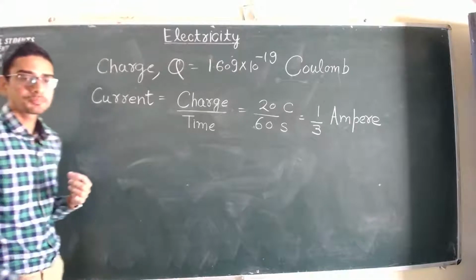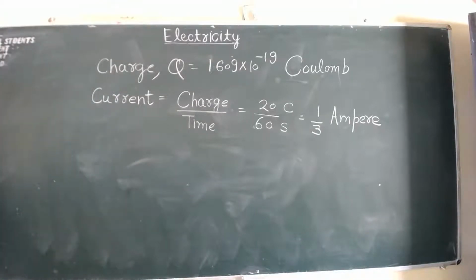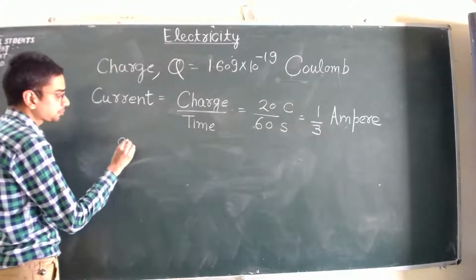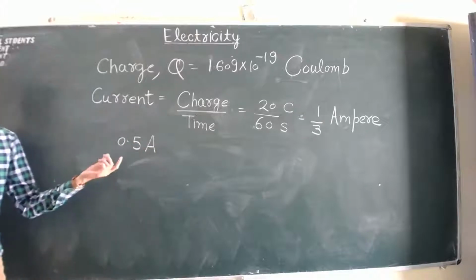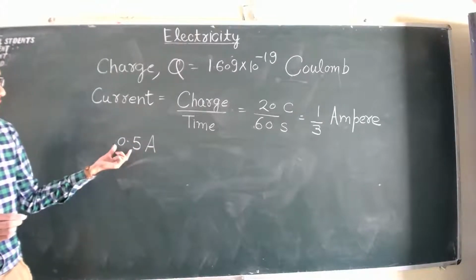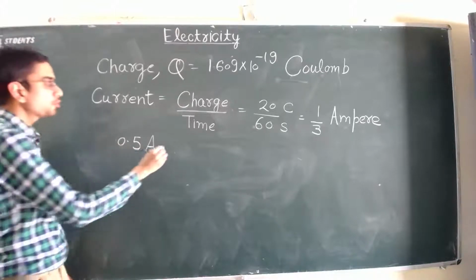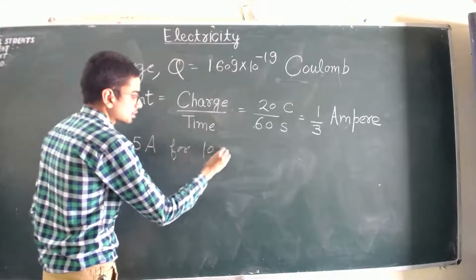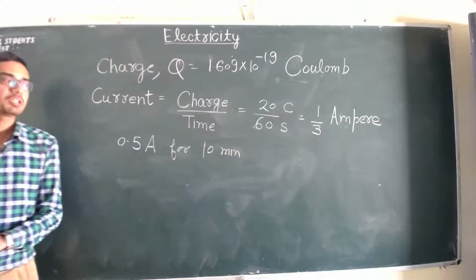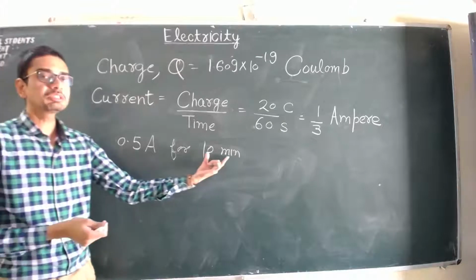एक और न्यूमेरिकल आप लिखिए. If current is 0.5 ampere, 0.5 एम्पियर, this is current. ठीक है, 0.5 एम्पियर करंट flows for 10 minutes. किसी भी कंडक्टर में, किसी भी वायर में इतना करंट 10 मिनट्स में फ्लो कर रहा है.